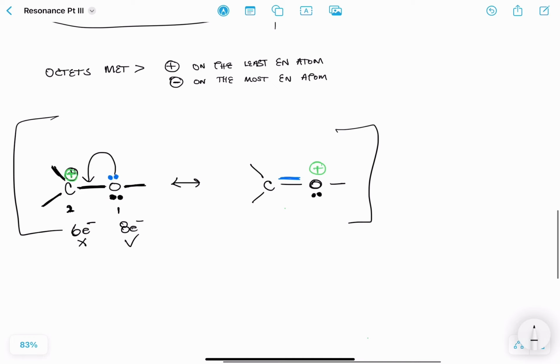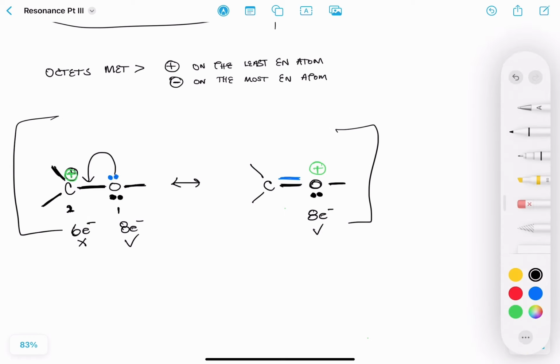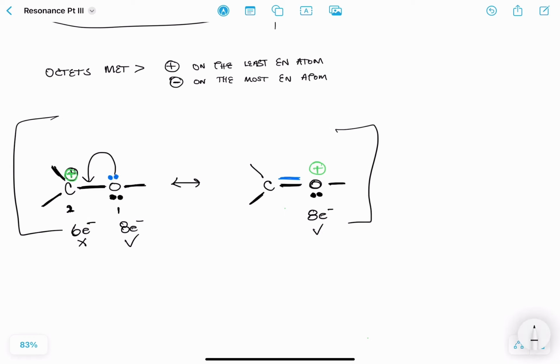When we go to the right structure, we have 2, 4, 6, 8 is the bond in the blue, and so we have an octet on that oxygen. Now if we count the carbon, we have 2, 4, 6, and then 8 being the blue bond, and so we have full octets there.